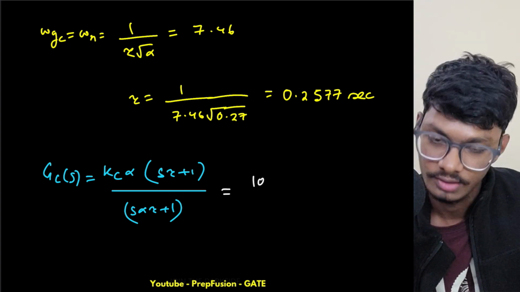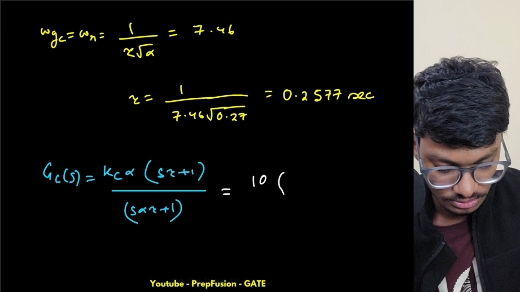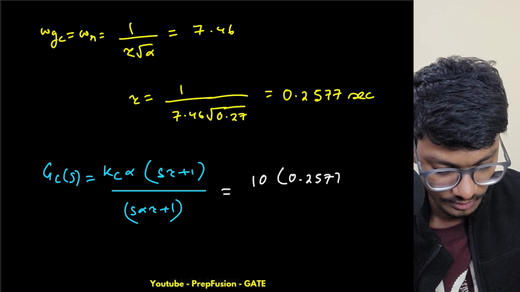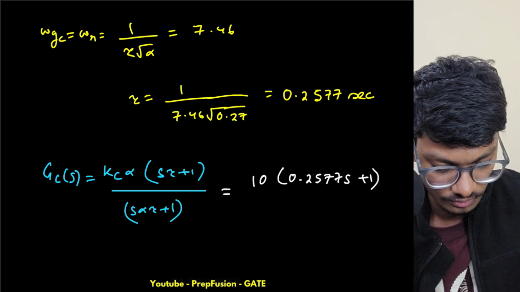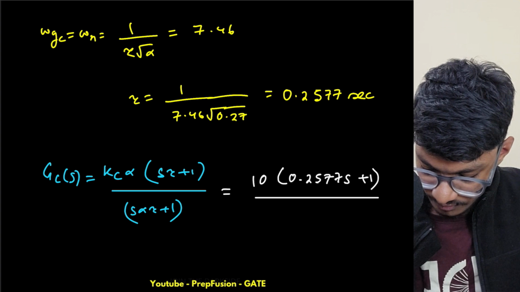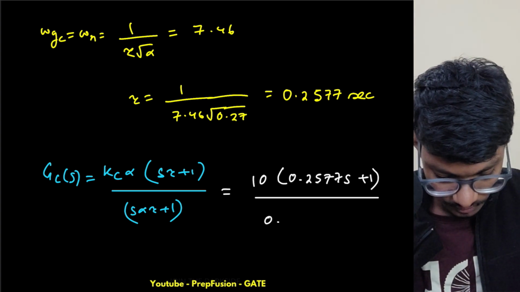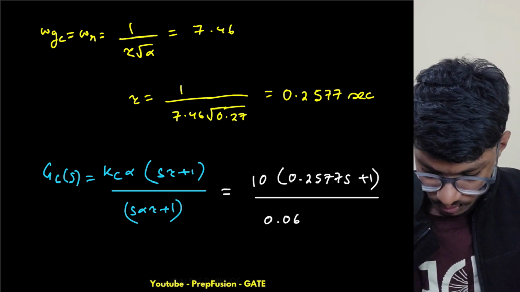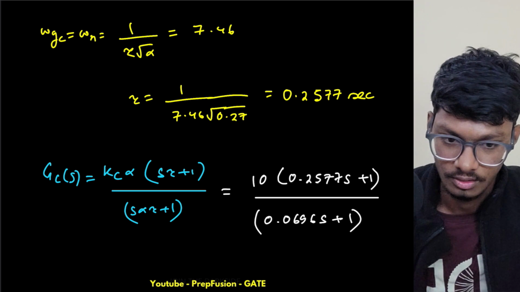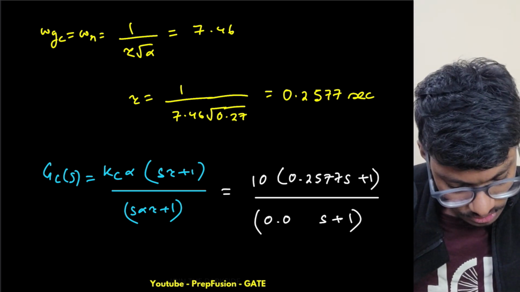The overall gain was 30, but this was 10. Now, s into tau, so this is 0.2557 s plus 1, and for s alpha tau, I will multiply alpha, 0.27, with it. This one will become even lower, 0.0696 s plus 1. Okay, so I can write this as almost 7.